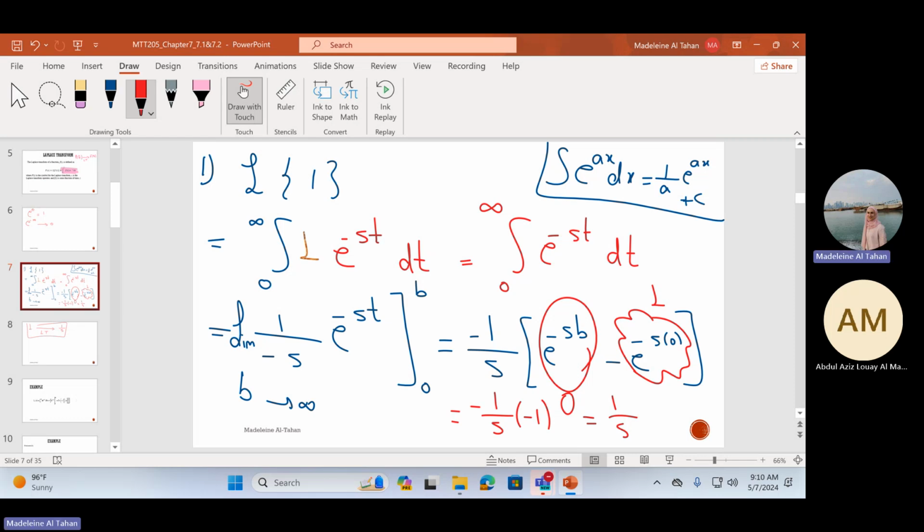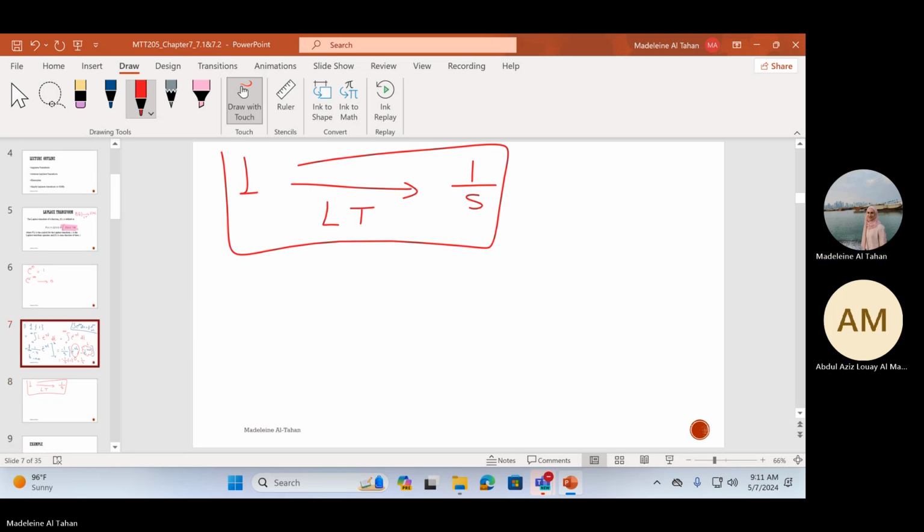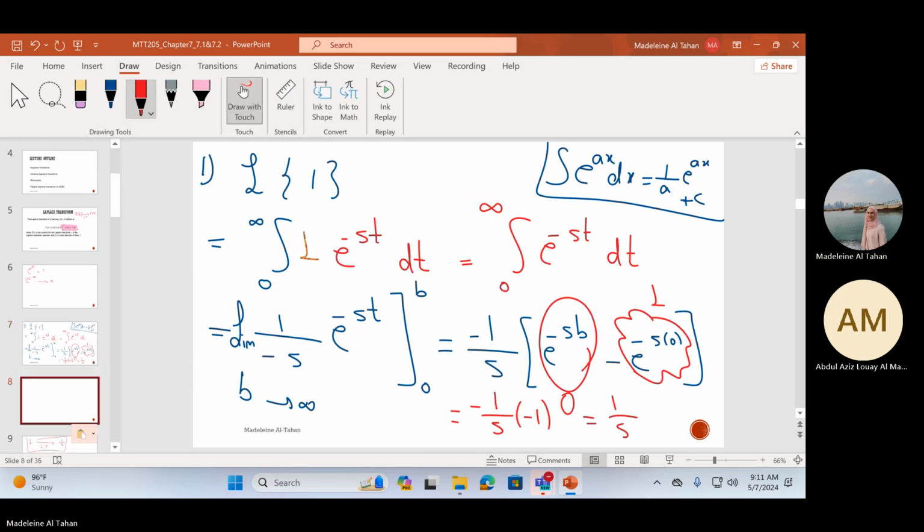You can do it in pairs. Let's say around 2 minutes to do it. And instead of 1, what will we put, miss? Pi. So instead of 1, we will put pi.